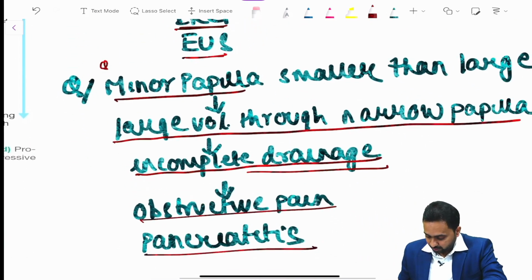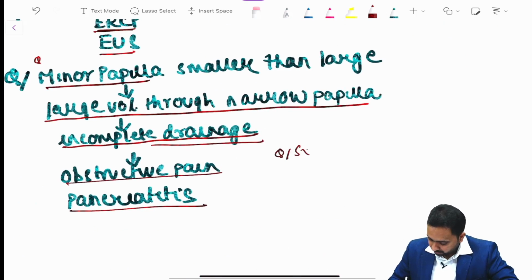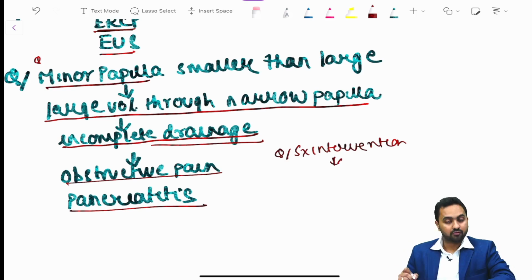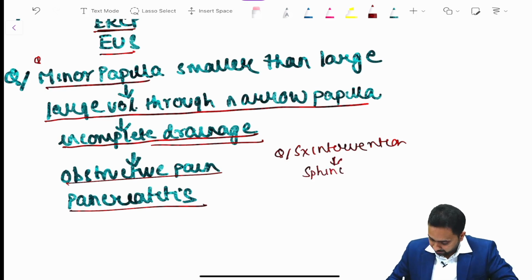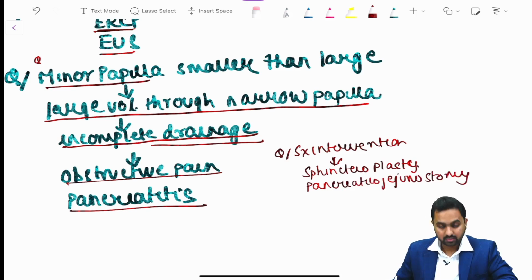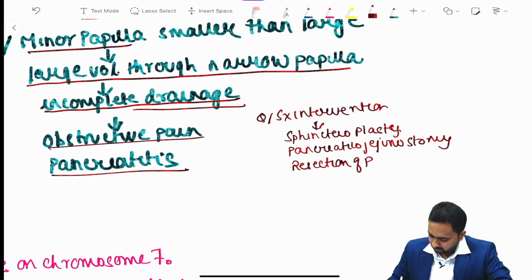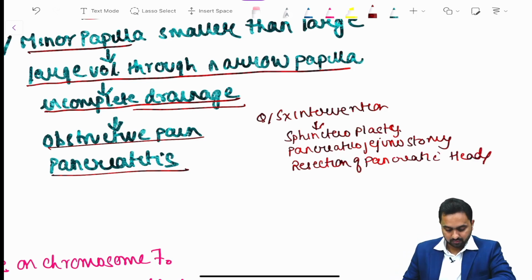And if we need to treat this, you would need surgical intervention. The surgical intervention would come in the form of sphincteroplasty, or it could be a pancreaticojejunostomy, or it may even involve resection of the pancreatic head, right.